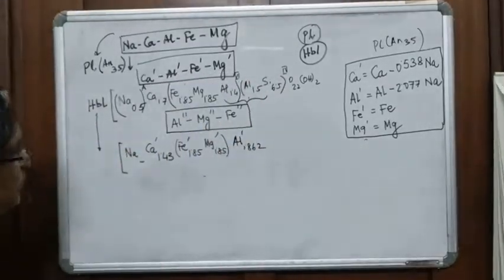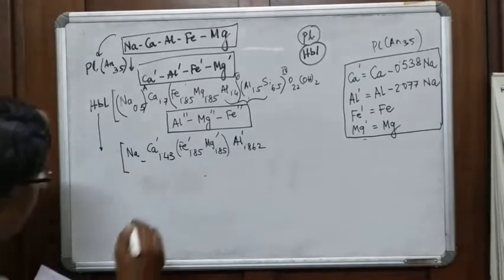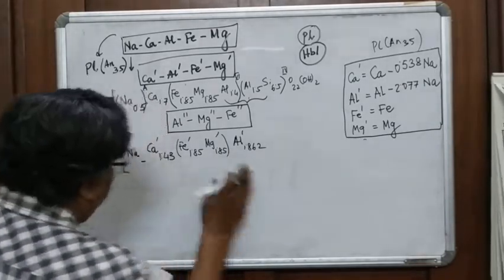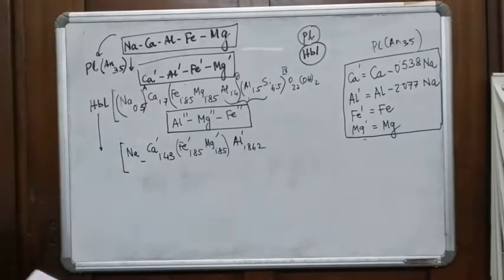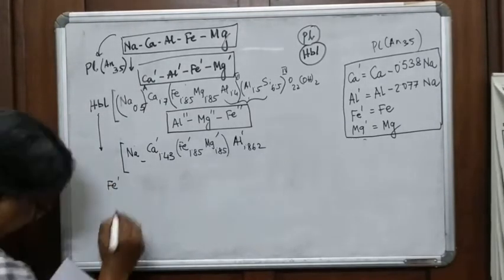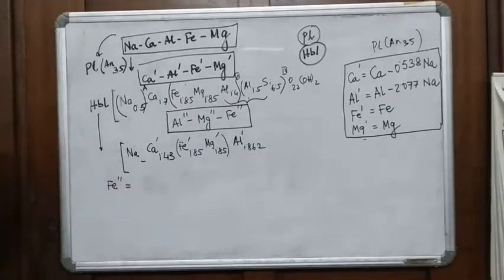So now we have to find out the coordinates first. So what will be your Fe prime? Okay, let me see. Fe double prime will be equal to how much?